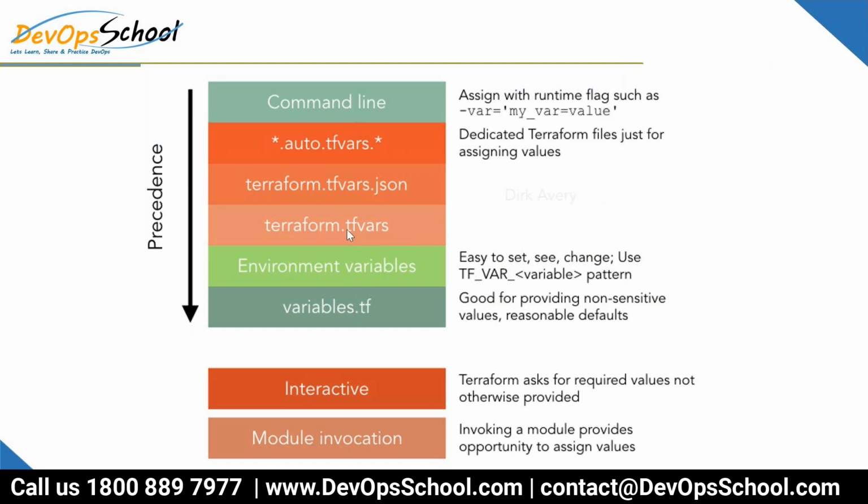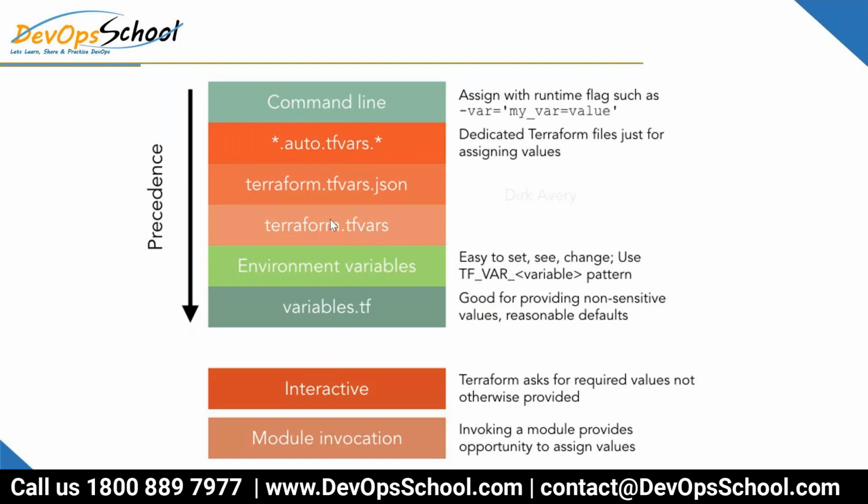Now you must be seeing three files here. These files are not for variables, but for storing values actually. So here you see the pattern of the file. It can be anything, starting and ending with auto.tfvars. It can be a JSON file, and .tfvars.